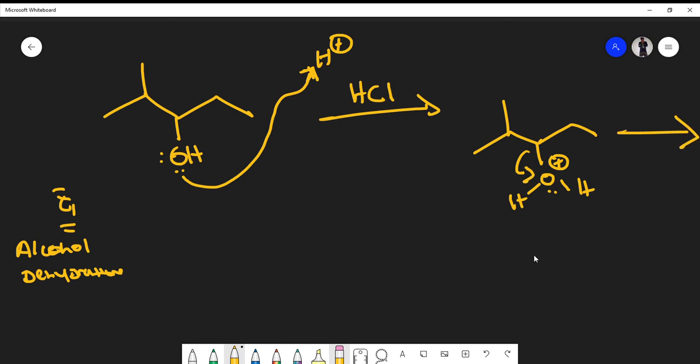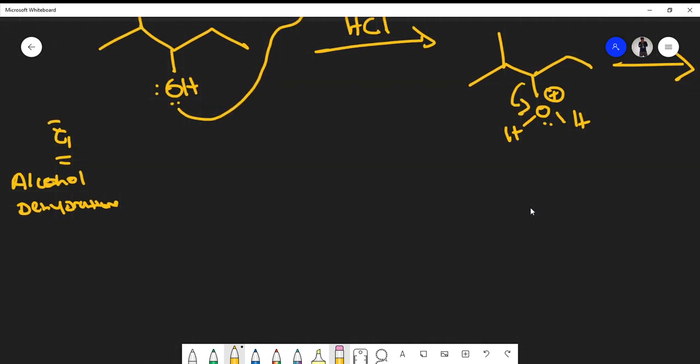So in the next step in the reaction, we've now formed a carbocation. So there's my positively charged carbocation, again with one hydrogen here, we just didn't write it.